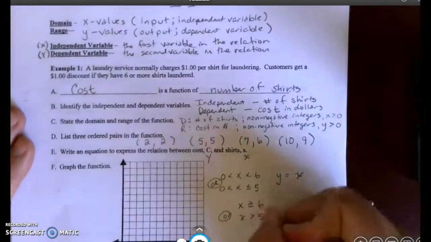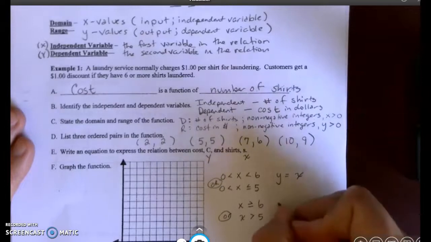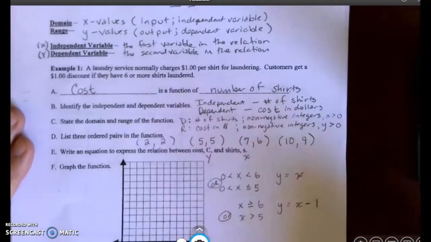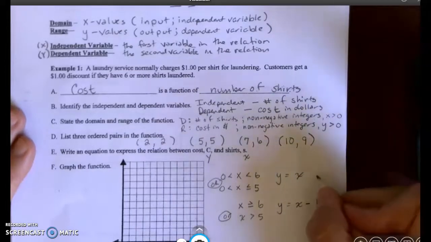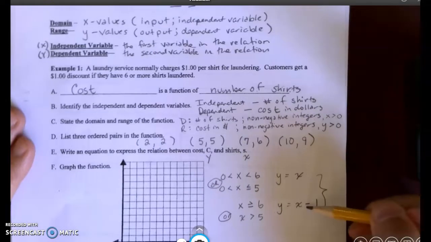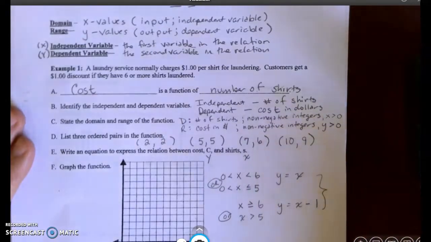So I could have said this inequality either way, then y equals x minus that $1 discount. So I do have to, when I'm writing my equation, have both parts, because it's impossible to only have just the one part because I get that dollar discount.